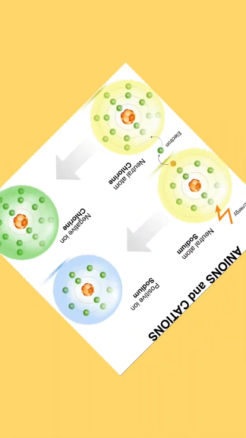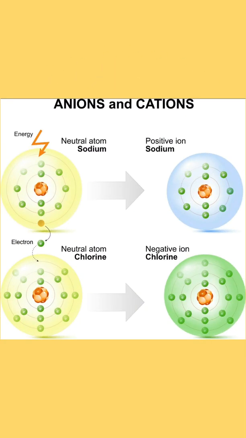Once the valence electrons have been transferred from the metal atom to the nonmetal, both metal and nonmetal are considered to be ions. The metal that loses its valence electrons, such as the sodium atom, will be positively charged and is called a cation, while the nonmetal that gains the valence electrons, such as the chlorine atom, will be negatively charged and is called an anion.